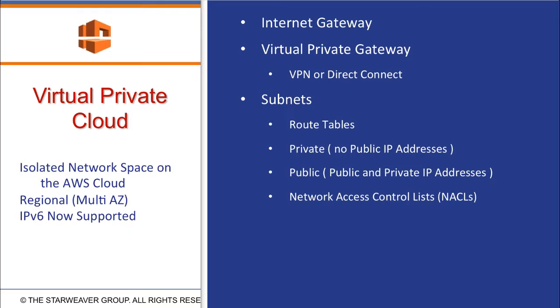So you'll have to put a virtual private gateway, say if you're going to be connecting your administrators from locations like your offices or your data centers or things like that. And you can set up a VPN connection or something called Direct Connect, which is a private fiber optic connection from your data center to AWS.